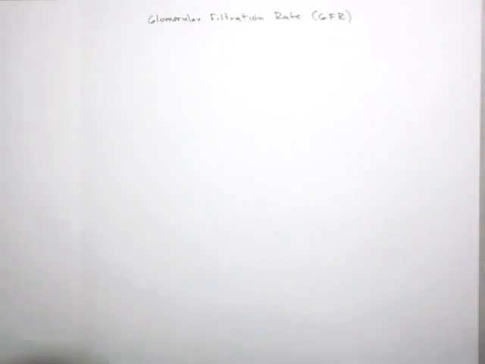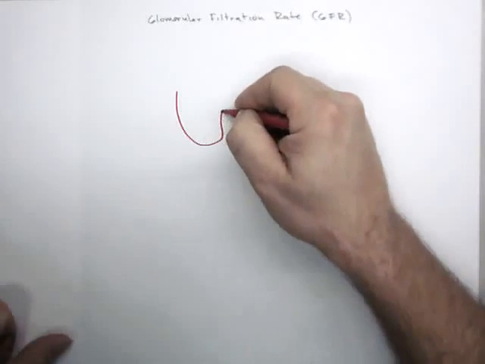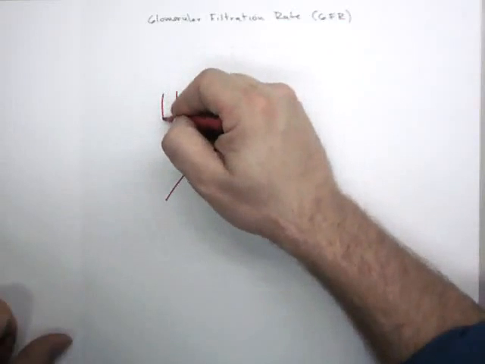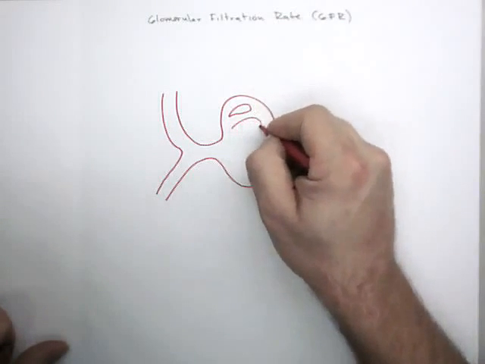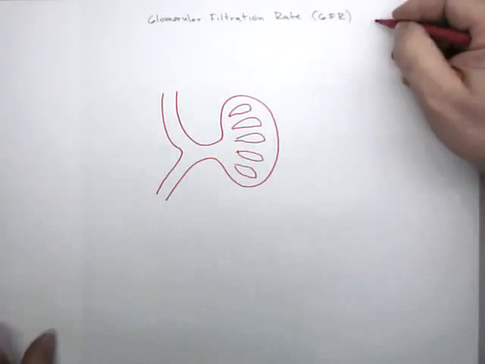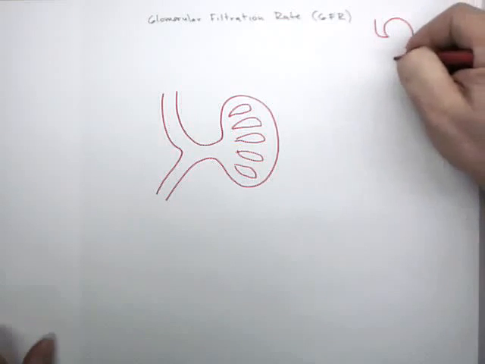One of the first things I need to do is draw up some basic anatomy. And what I'm drawing here is something called a glomerulus. And a glomerulus is a tuft of capillaries. If you'd like some context, I'm going to attempt to draw a little kidney up here.